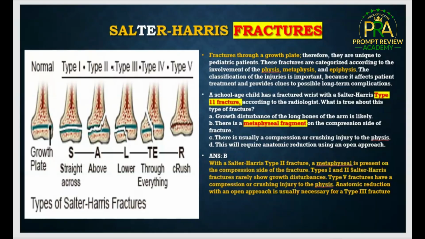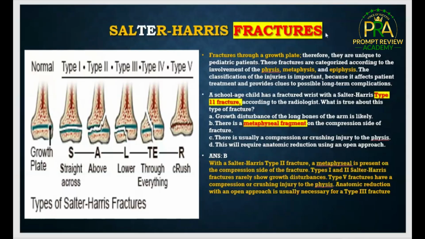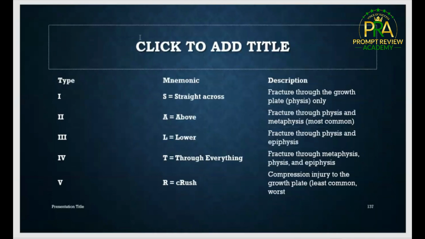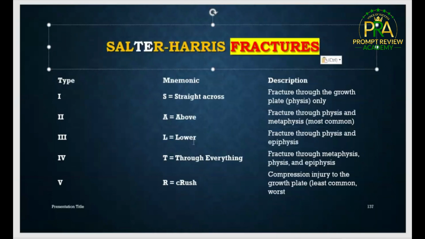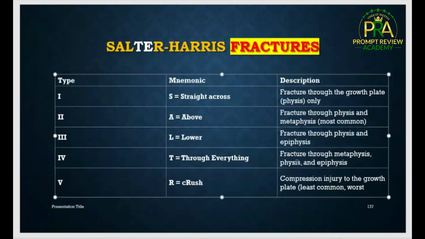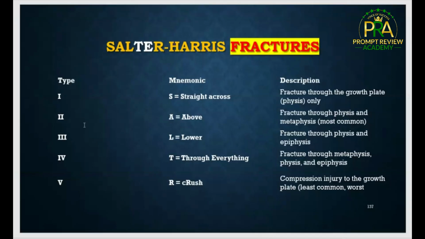You need to know what class: is it class 1, stage 1, type 1? If it happened there, type 1, then that will be straight across. If it happens above, if it happens lower, that is where the fracture happened. Then the final thing to know is what part of the growth plate, because they can ask what part of the growth plate.